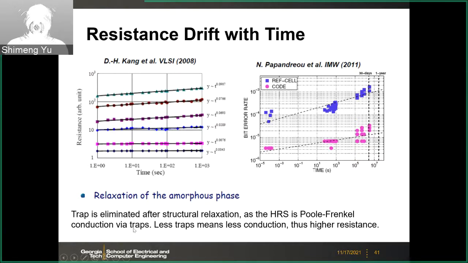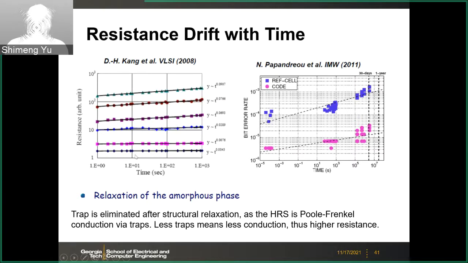So basically, the electrons go through the traps. And if some of the traps are recovered, that means you have fewer traps, less conduction, that's higher resistance.